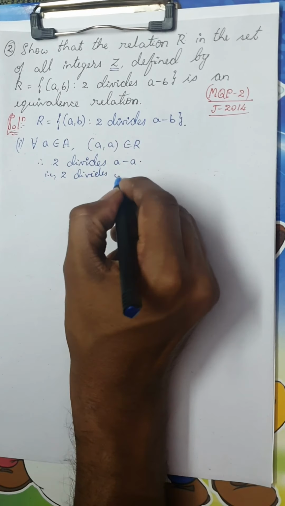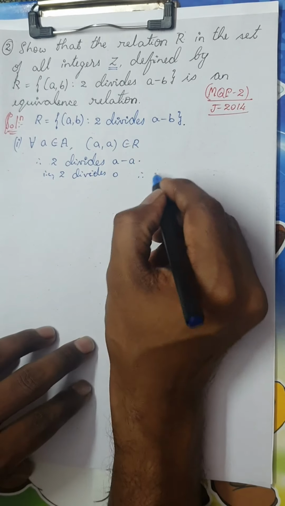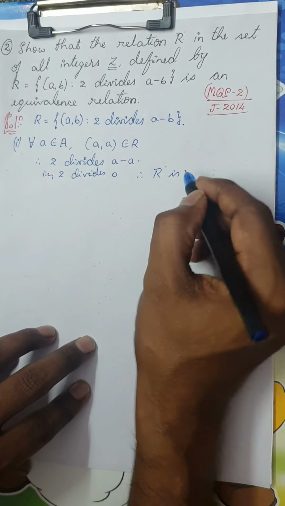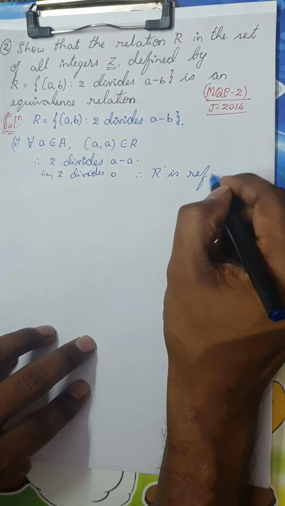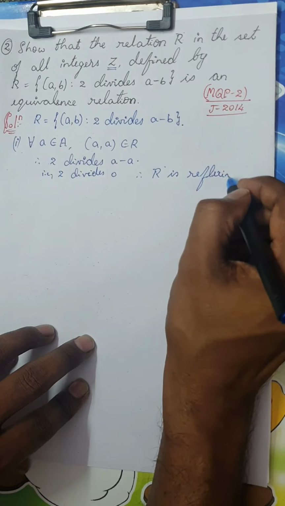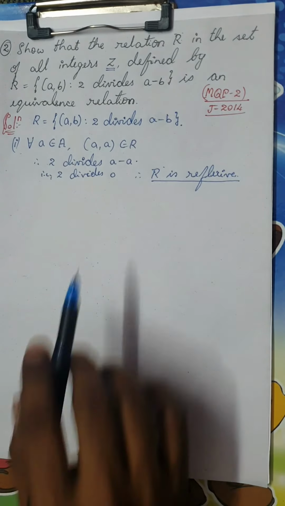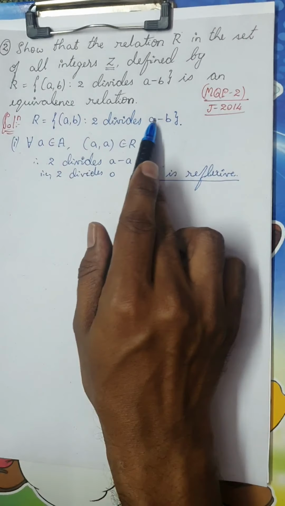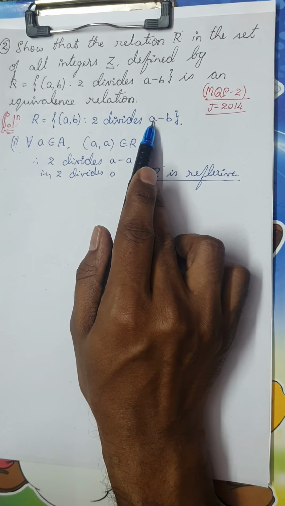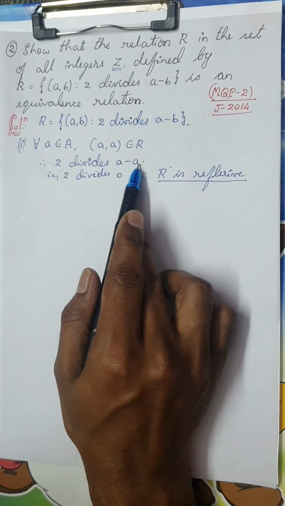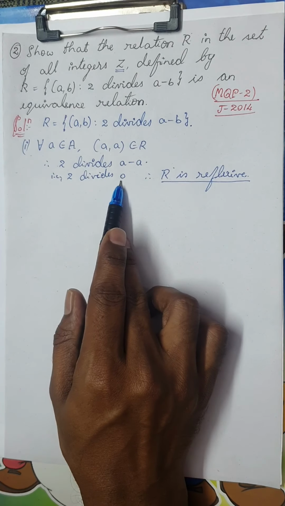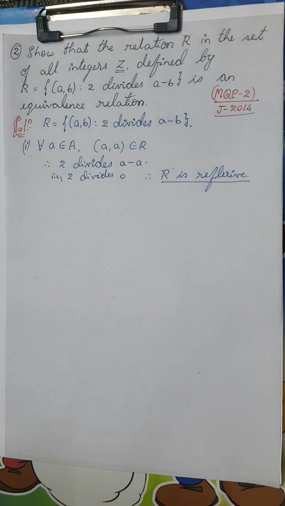What is 2 divides 0? Therefore, R is reflexive. These are such easy questions. The only thing is you have to use your common sense. If you take any element, the rule here is 2 should divide that element minus that element. So a minus a would be 0. 2 definitely divides 0. Therefore, R is reflexive.